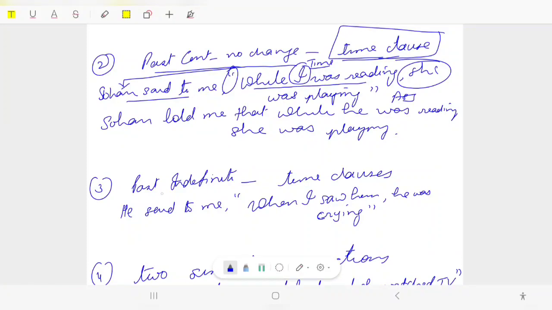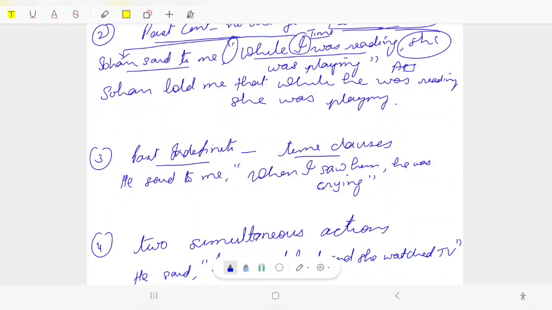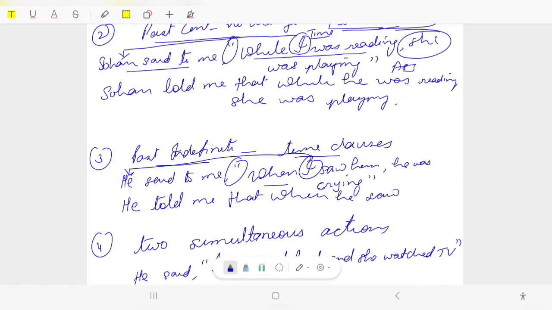Have a look at next rule. Same way, past indefinite tense of RS will not be changed when it is used in time clauses. How will we write it? He told me, comma inverted comma, that, because it is an assertive sentence. He told me that when I, first person, so according to subject, when he saw him.